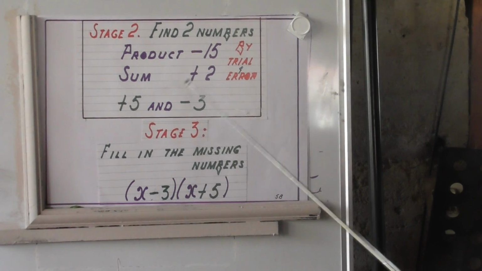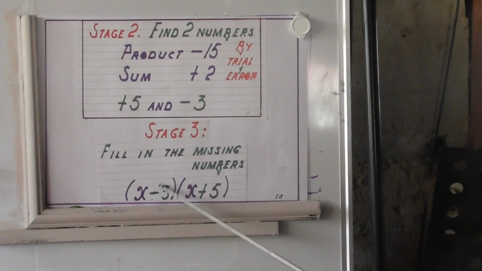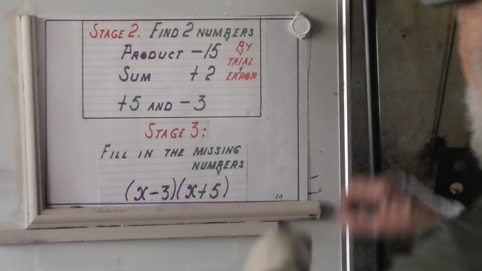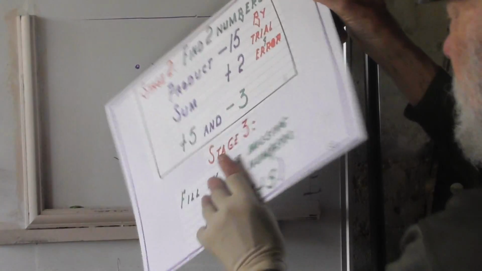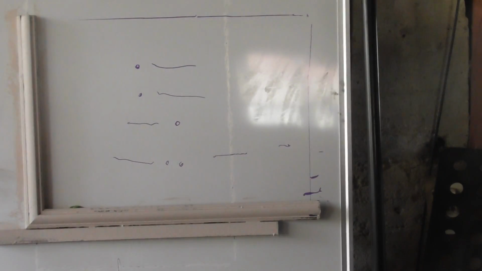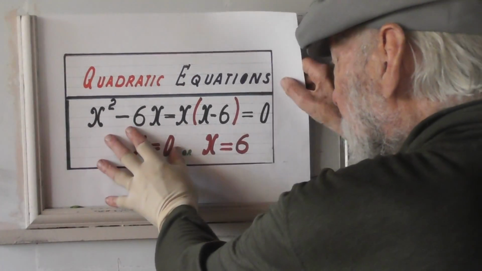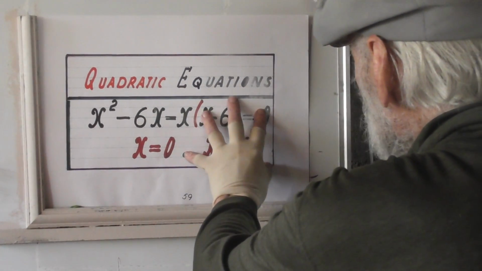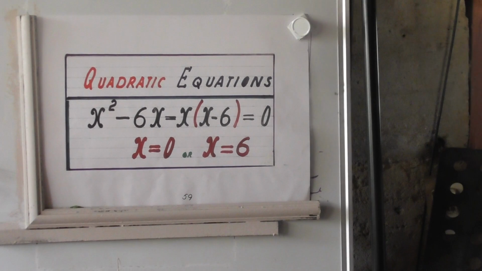And all you have to do is fill in the negative 3 and fill in the positive 5. Waste of time to do 50 of those exercises, because the idea is that you learn to use your brain, not your pen.